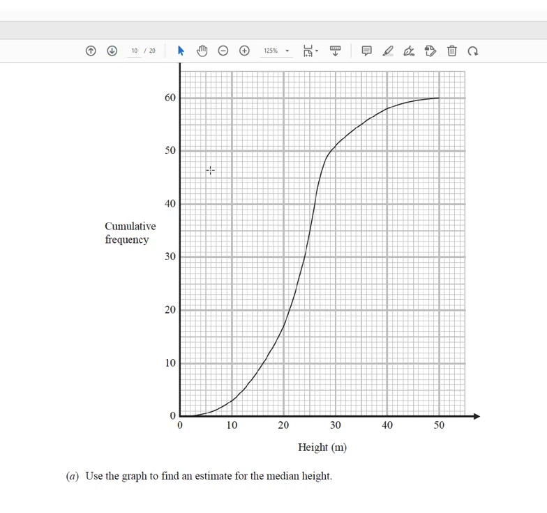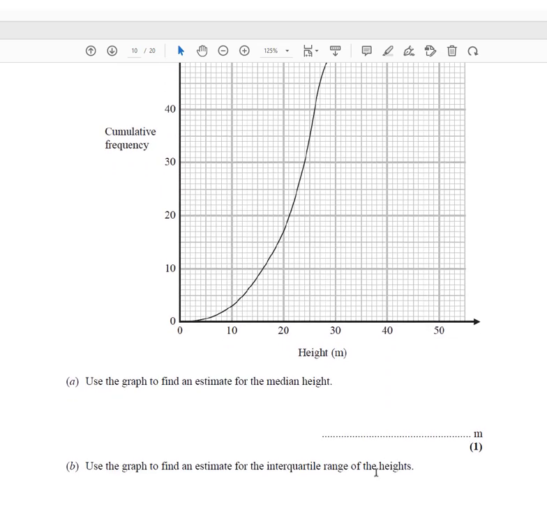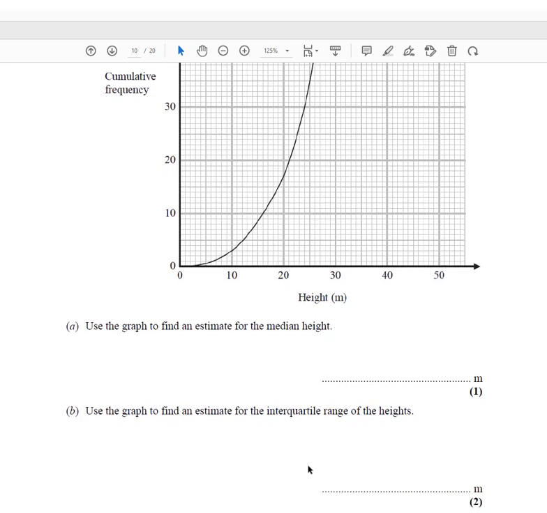Work out 3/4 of 60, find it on this line, read across, read down, and that will tell you what your upper quartile is. The interquartile range is the difference between those two numbers. So if your lower quartile was 10 and your upper quartile was 25, say, then the interquartile range would be the difference between those two numbers, 15. And you've got 2 marks for doing that.